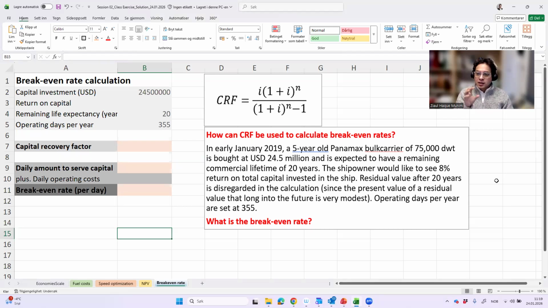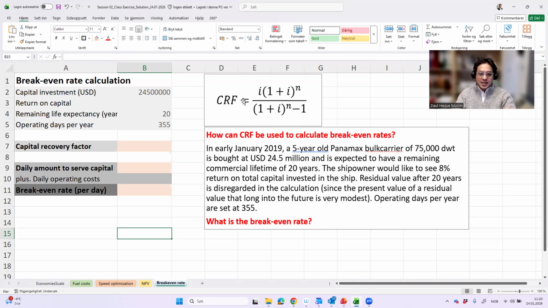The rate of return at which your NPV becomes zero is normally also called the internal rate of return, at which you reach a break-even point where you don't make money, but you reach the break-even point.